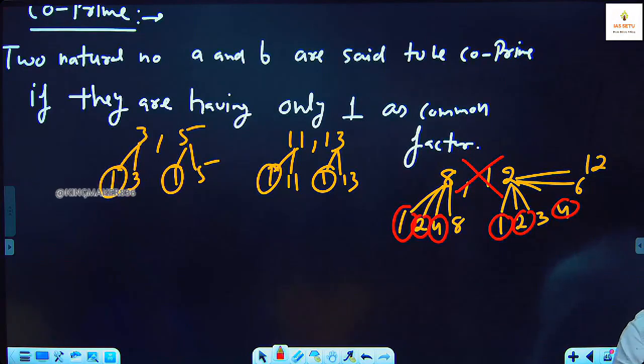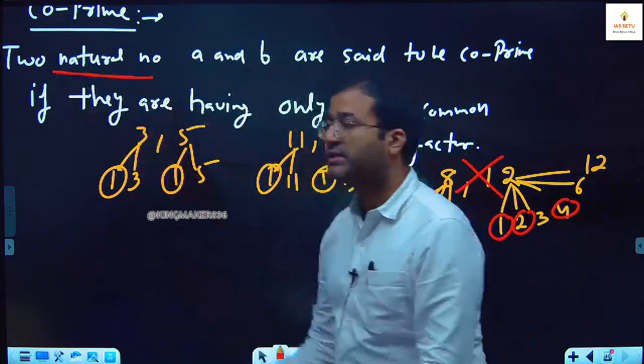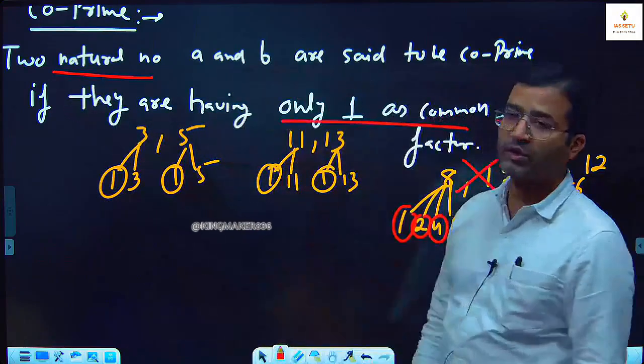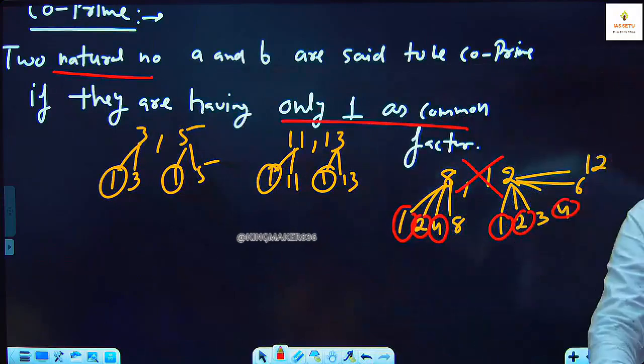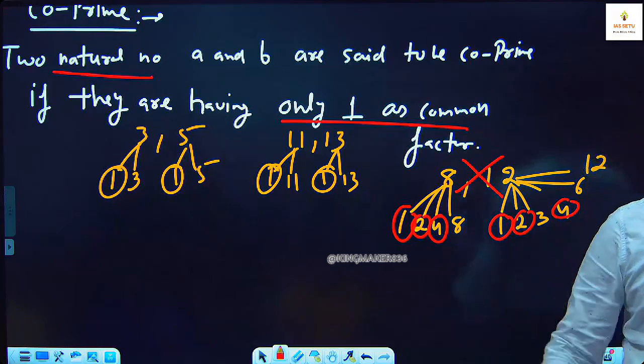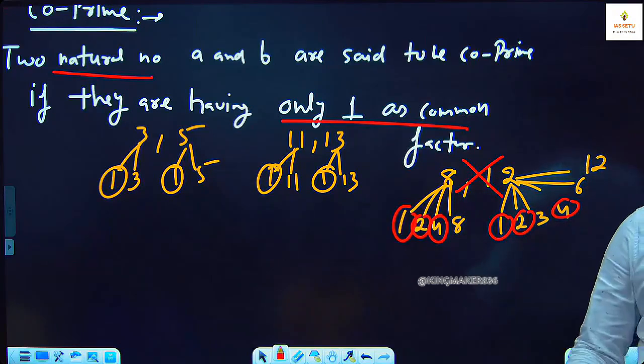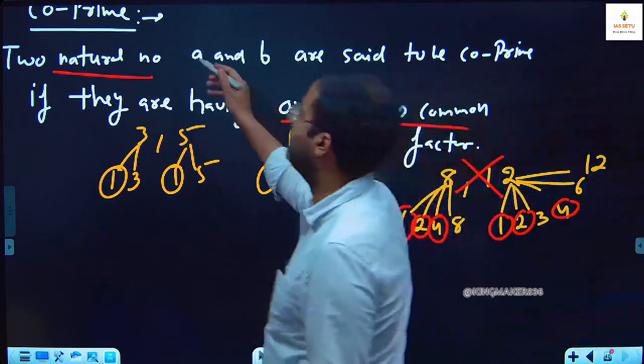See, there are only two conditions for co-prime. One is natural number. Second thing is only one as common factor. कोई भी दो natural number जिनके बीच में only one as a common factor है are co-prime to each other. उनको बोलते हैं हम relatively prime. Co-prime बोलो या relatively prime.